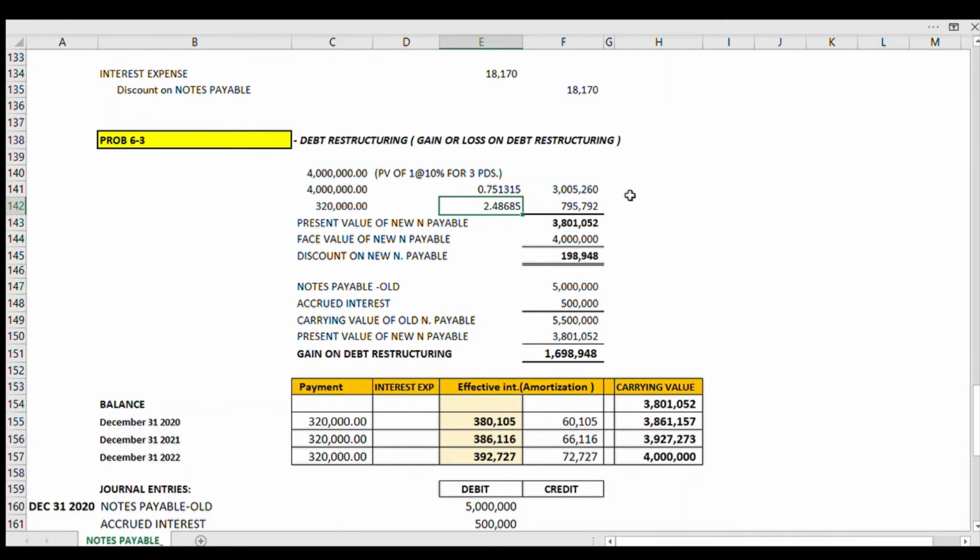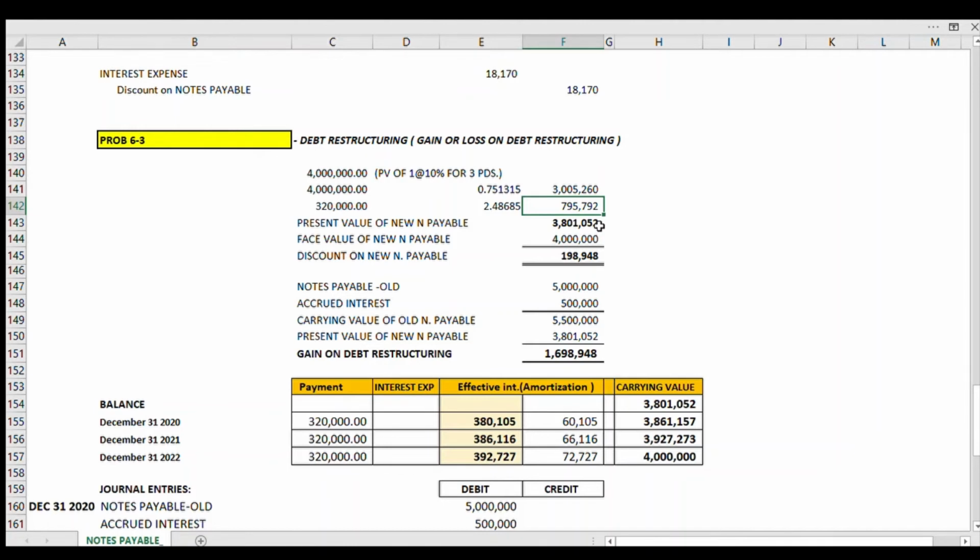So, present value of annuity of 1 at 10% for 3 periods. Kaya 3 periods kasi 3 periods uli ang ginrant ng lender. 320,000 times 2.48685, that is 795,792.